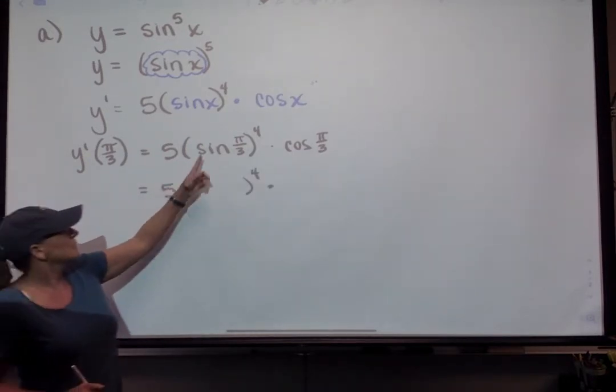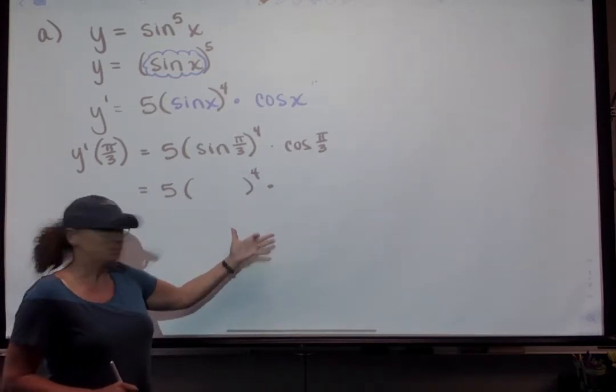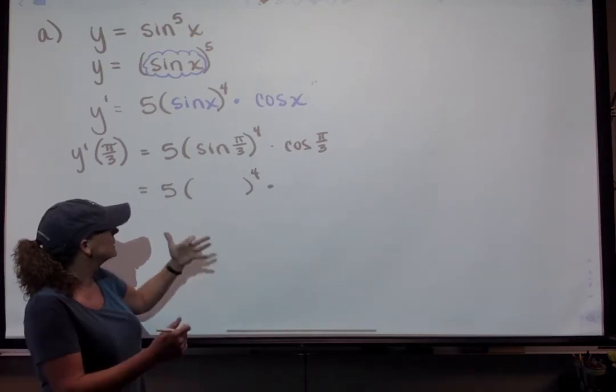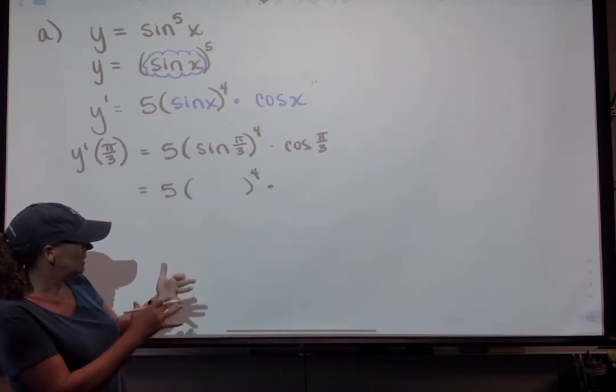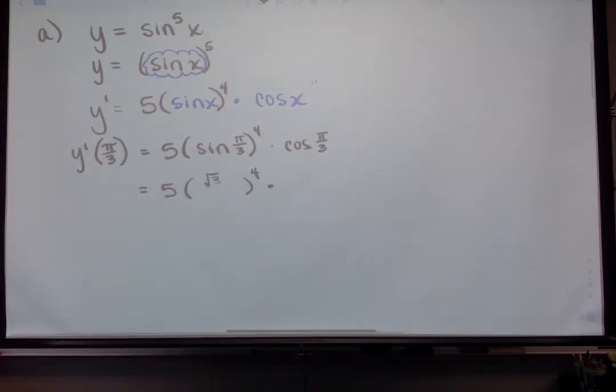Okay, trig, sine of pi over 3. Kind of rusty, haven't done this in a while. Sine of pi over 3. So here's pi over 3. Sine is going to be radical 3 over 2. And cosine is going to be 1/2.